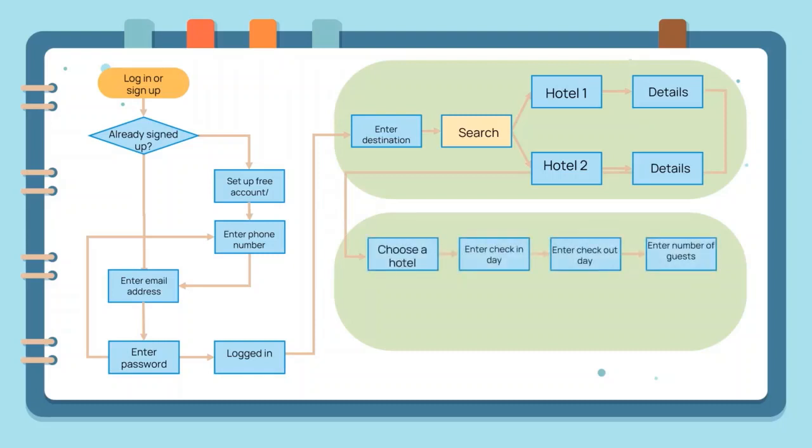If you have made a decision, you can choose a check-in day and check-out day, and the number of guests and number of rooms. Next, you can confirm the information and make a payment.